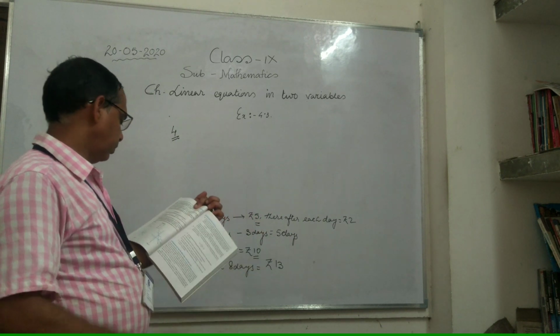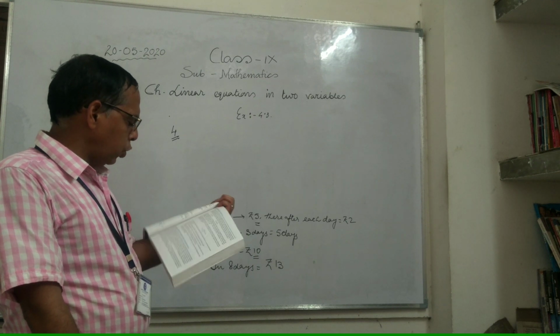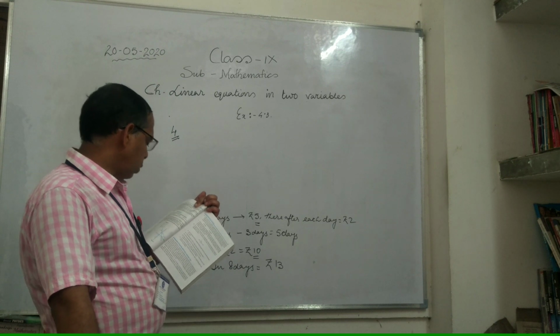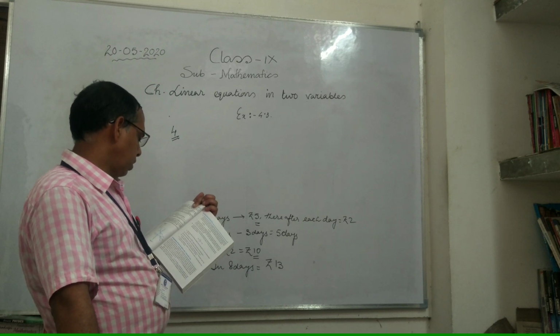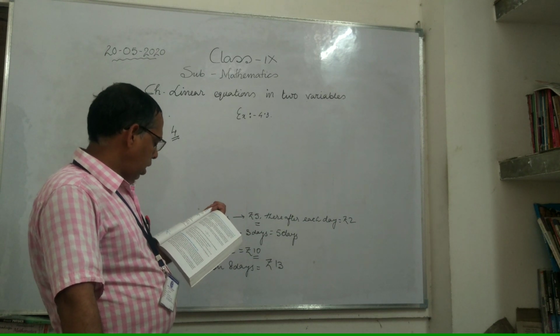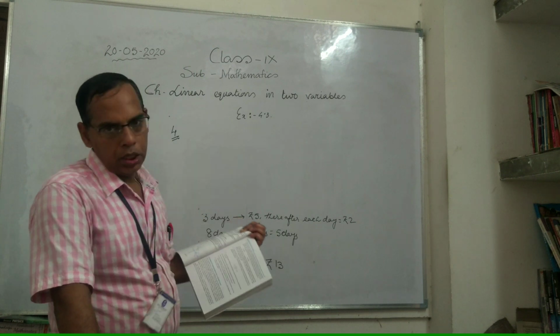Taxi fare in a city for the first kilometer is ₹8, and for the subsequent distance ₹5 per km. Taking the distance covered as x and the total fare as ₹y, write a linear equation.